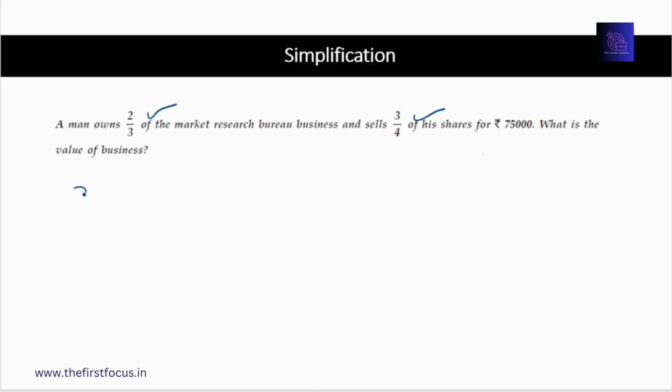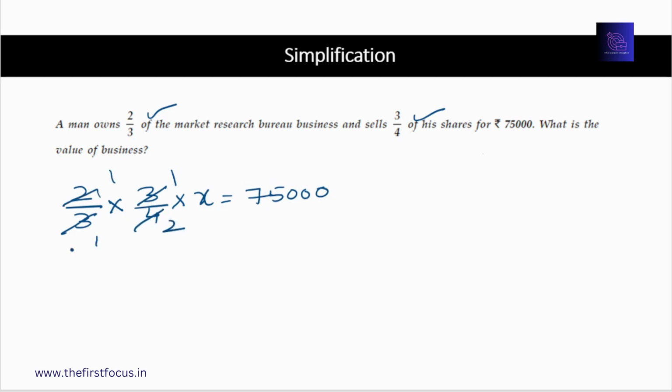Alright, so let's start. It's a very easy problem. We're going to solve 2 by 3 into, as it says, of 3 by 4. So that is 3/4 of 2 by 3 into the total value of the business is equal to 75,000. Let's solve this. 3 ones and 2 ones and 2 times, that is 1 by 2 into x is equal to 75,000.